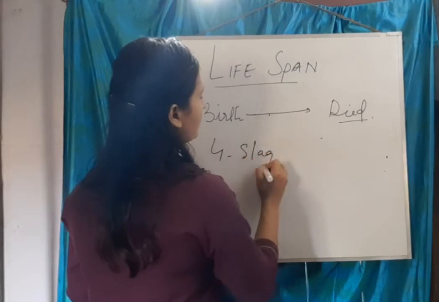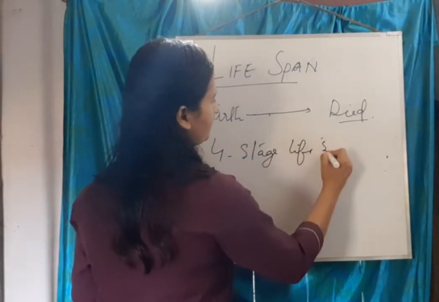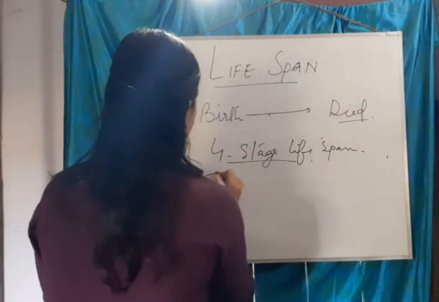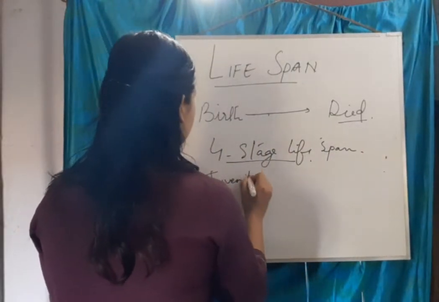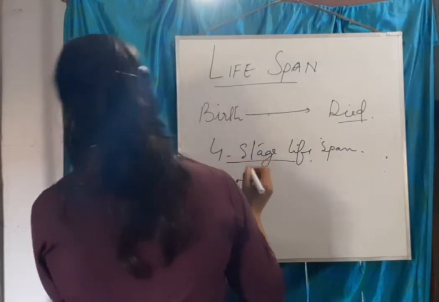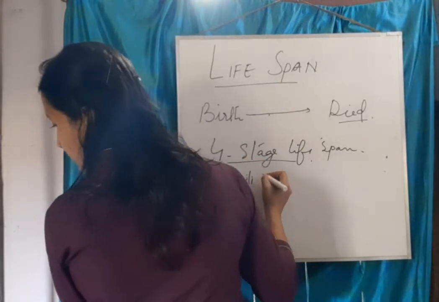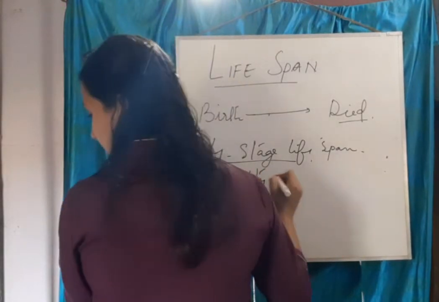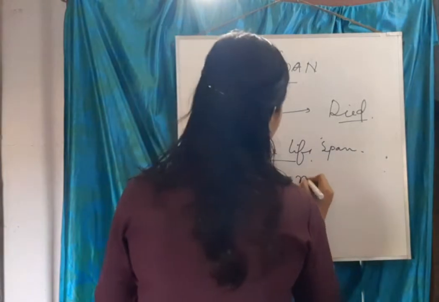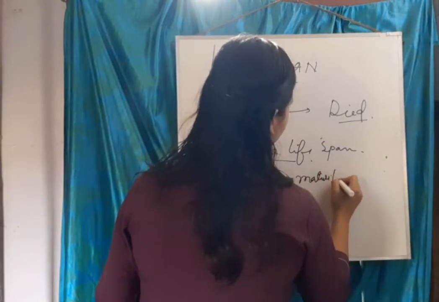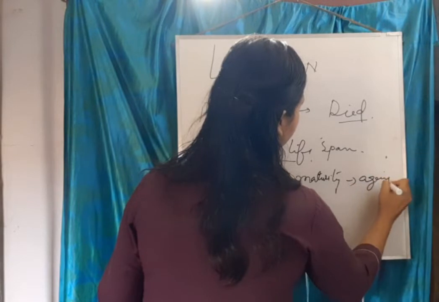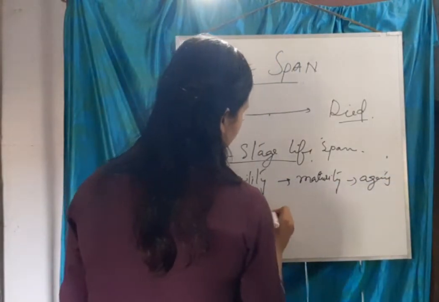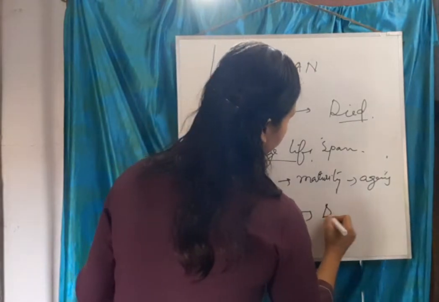Those stages are juvenility, then maturity, then aging, then senescence, and then death.